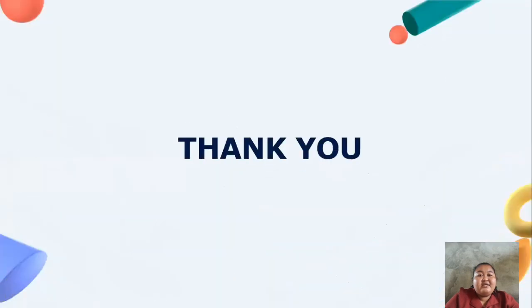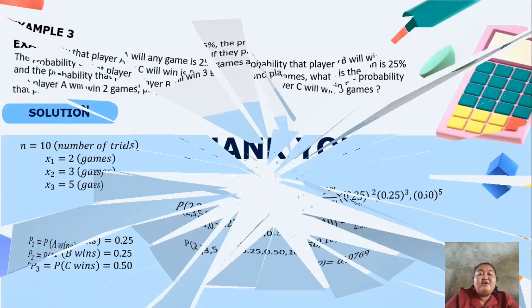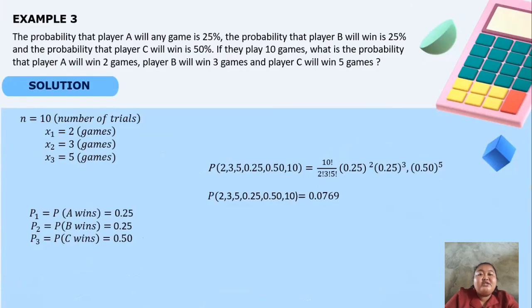So P(2, 3, 5; 0.25, 0.25, 0.50, 10) equals 0.0769.